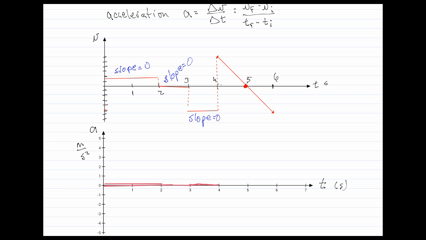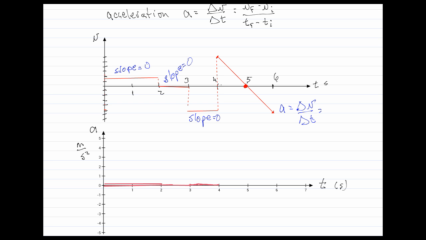Here, velocity is changing. We can write acceleration as the change in v over the change in t. Our change in v, oh, I didn't even pick values here. Let's say, I don't know, 1, 2, 3, 4, 5, 6.